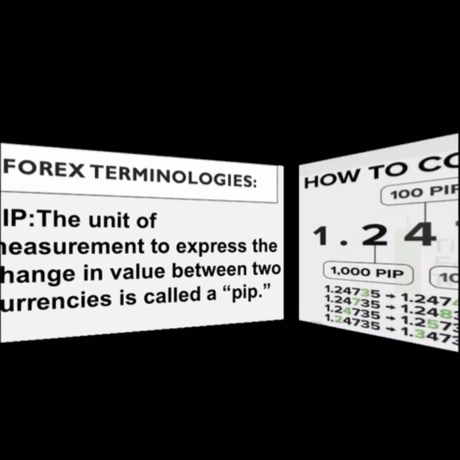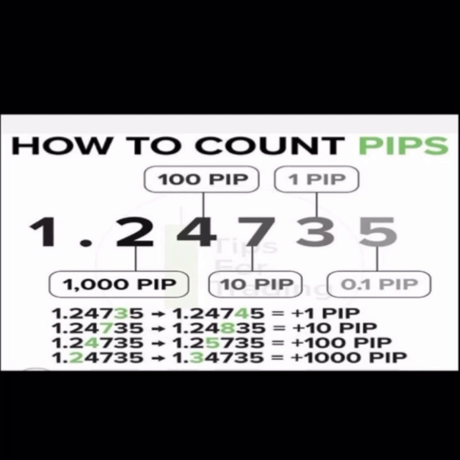Okay, so let's proceed. Now this is how to calculate the pips. As you can see, pips are calculated in 4 to 5 decimal places. Very important points to note. After the decimal point, the first decimal place is 1000 pips.